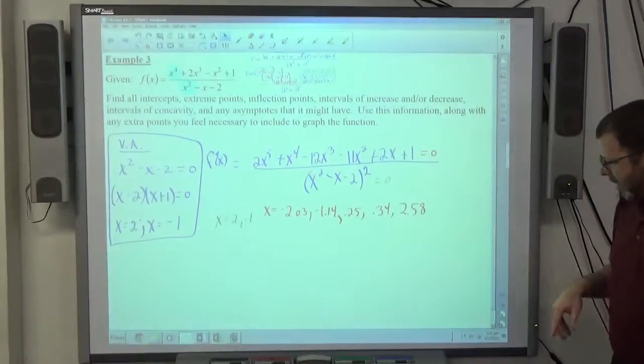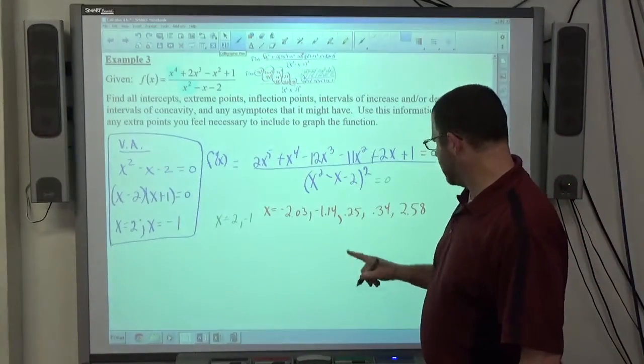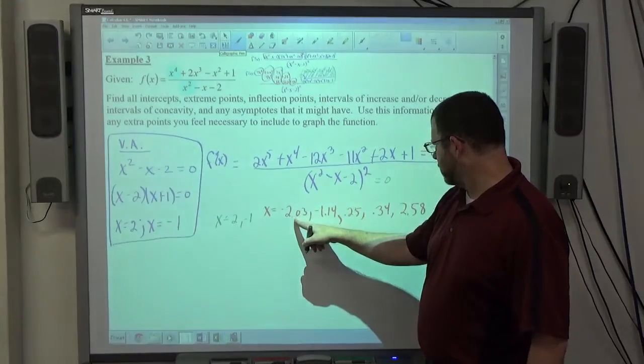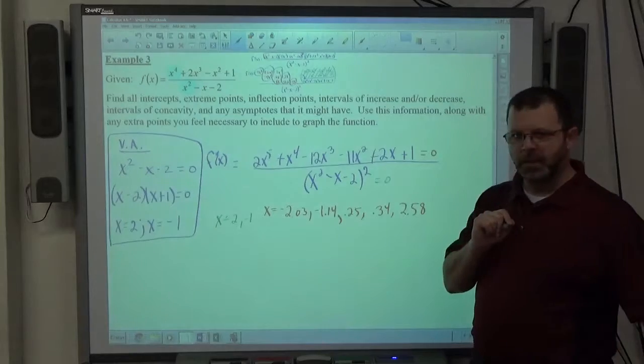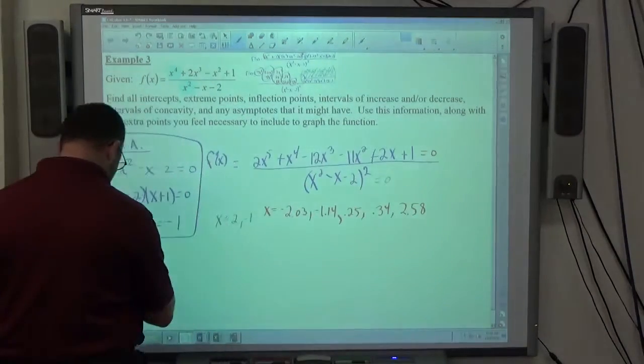All right. So if I do all my intervals here, that's the smallest number, then this, then that, then this, that, and this, right? So, let's start over here.